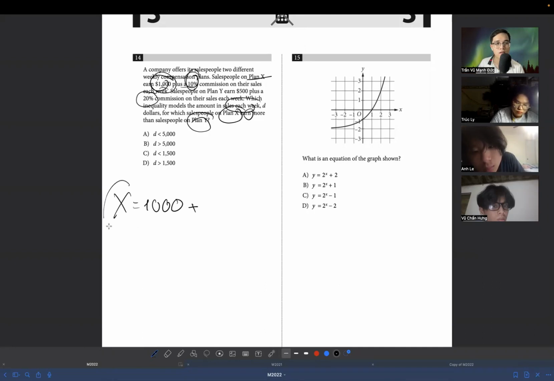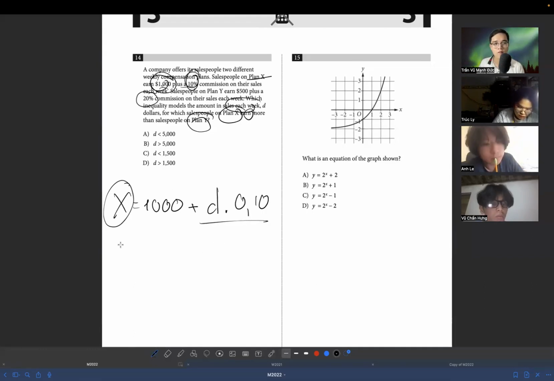So this is the earning of people in Plan X. $1,000 plus 10% commission, which is D. D is for the sale. Oh no, models the sales each week, D dollars. Yeah, exactly. D is for the dollars sold times 0.10. This is the commission. And you have Y, they have 500 only. And they have D times 0.20.